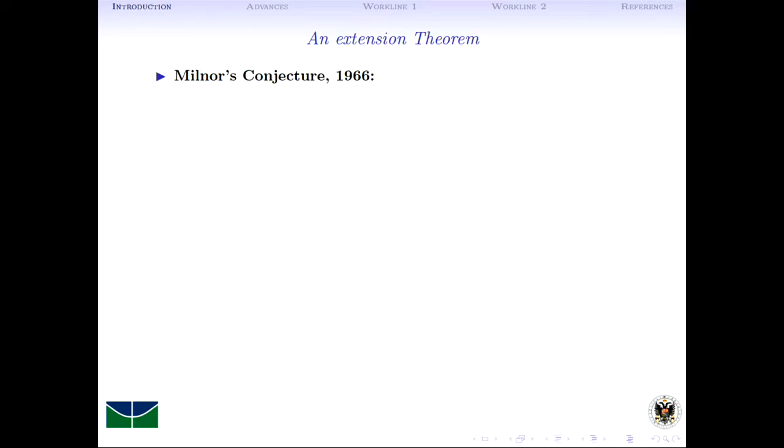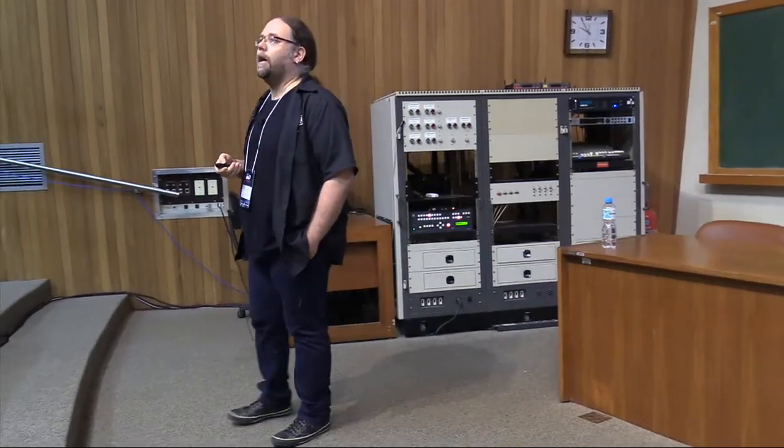Other problems related with Hilbert's theorem are of interest for us. For example, this conjecture raised by John Milnor in 1966.